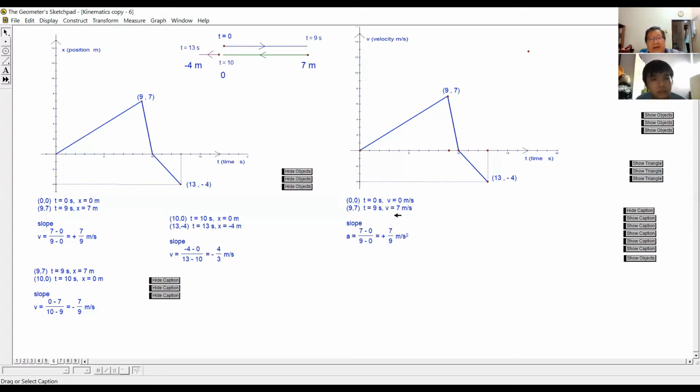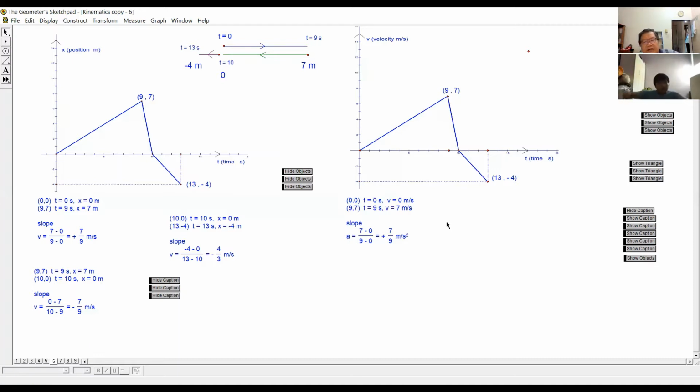What we can read directly from the graph is the time and the velocity. That's all we can see directly. What we cannot see is the slope. The slope actually represents the acceleration.